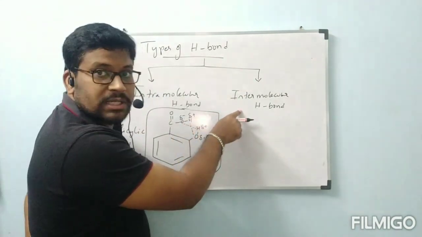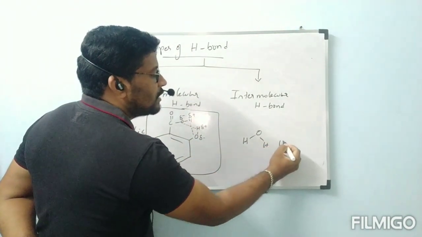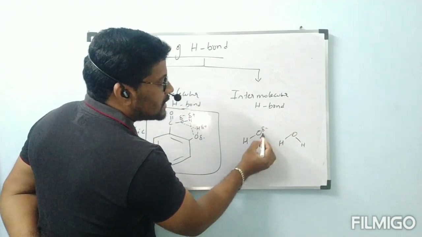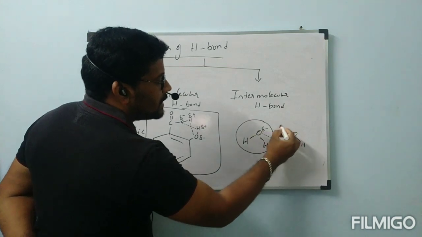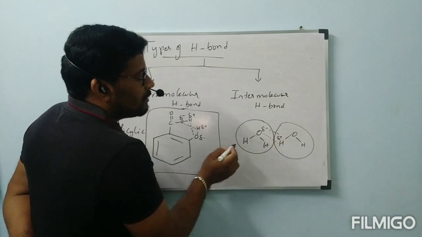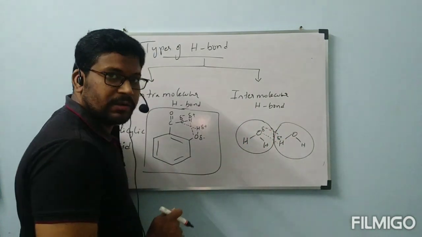Now, which type of bonds come under intermolecular? HOH, HOH. Between the O of this one and this one. This is one molecule and this is another molecule. Between the two molecules we have intermolecular hydrogen bond.